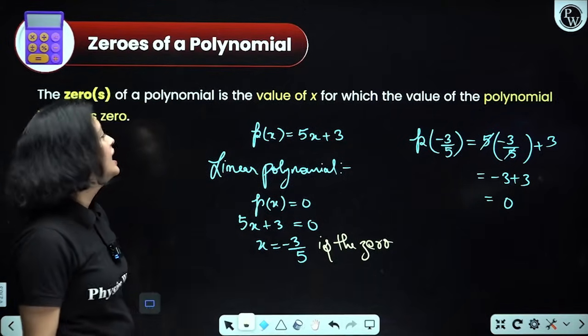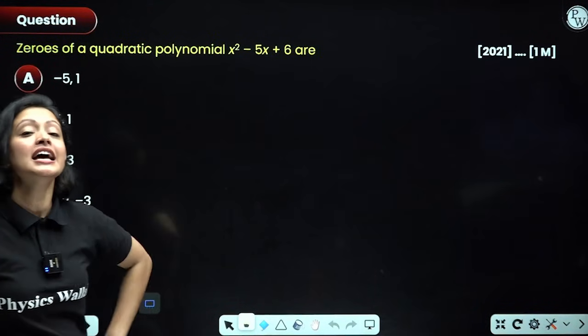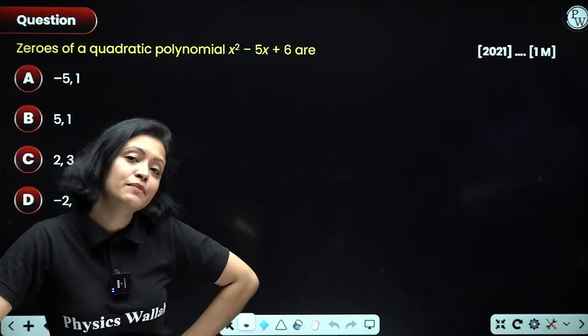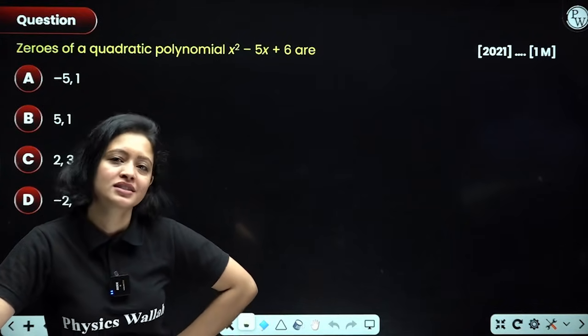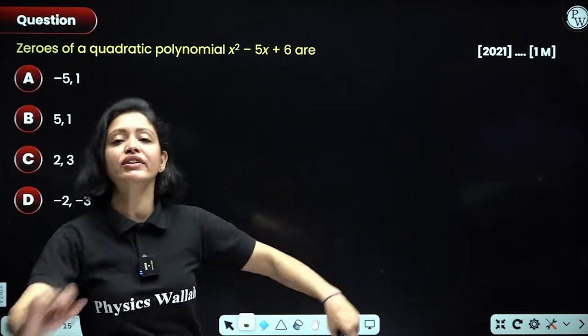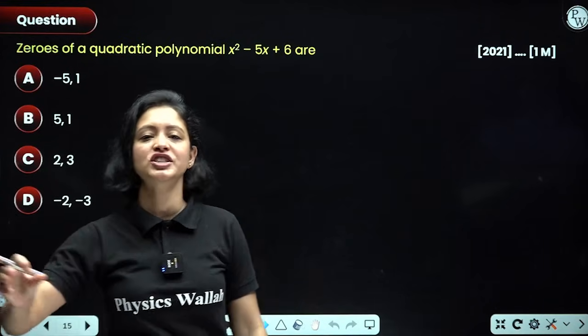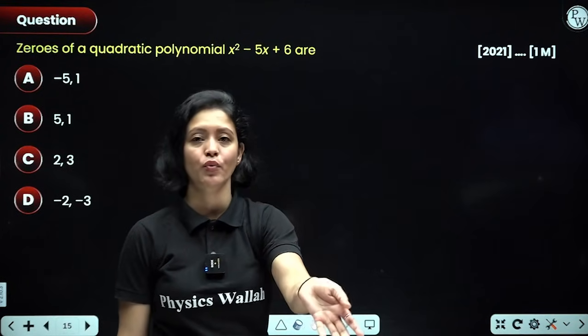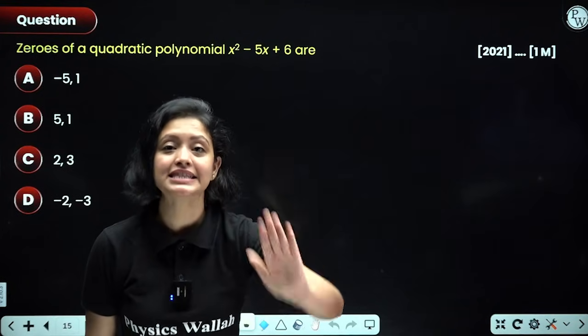Okay. Now, let's see how to find the zeros of a quadratic polynomial. Now, this is one type of question that has been asked in your board exams. So, this is something that you should know. Even in the quadratic equations chapter, you have questions where you have to find the roots of a quadratic equation. But the method is exactly the same.